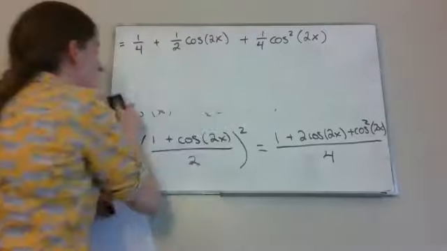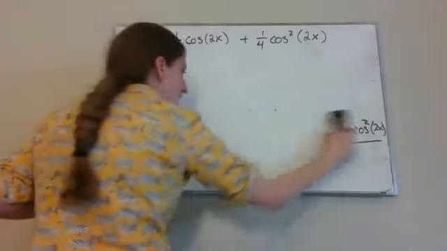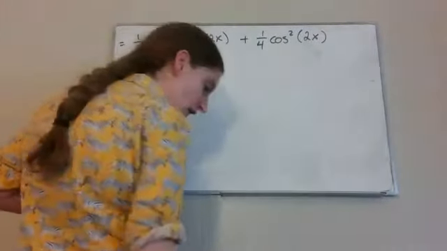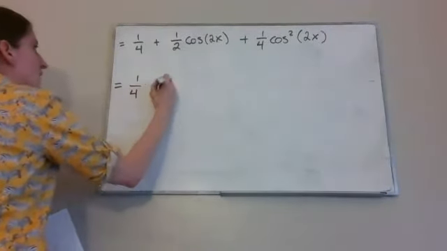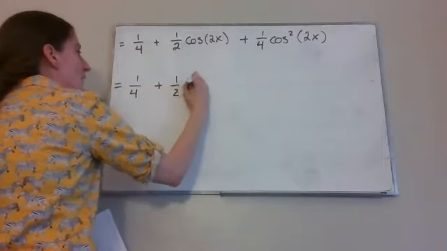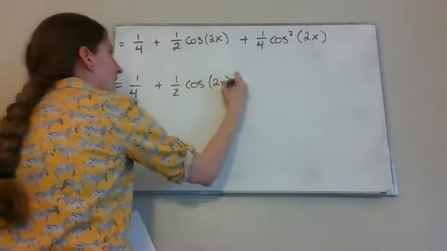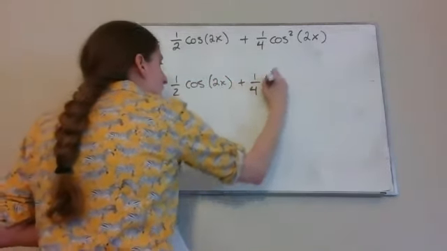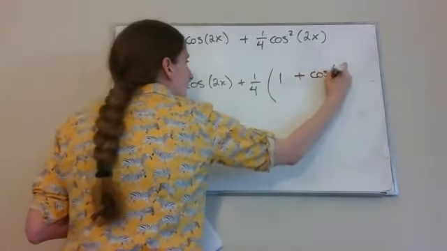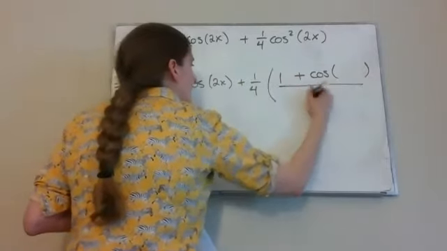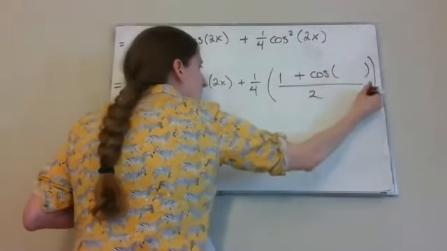Using my power reducing formula again, I can change that cosine squared of 2x. So I have 1/4 plus 1/2 cosine of 2x plus 1/4 times, it's 1 plus cosine of something all over 2.